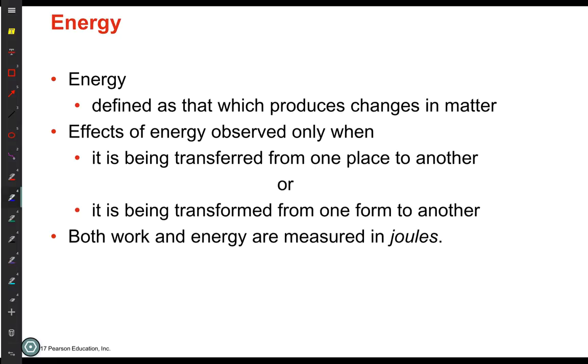So two kinds of fundamental energy we talk about in physics are kinetic energy and gravitational potential energy. We'll also talk about springs, because springs can store energy and give it back, so they have potential energy.